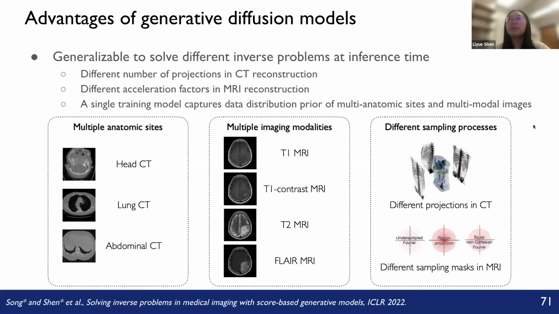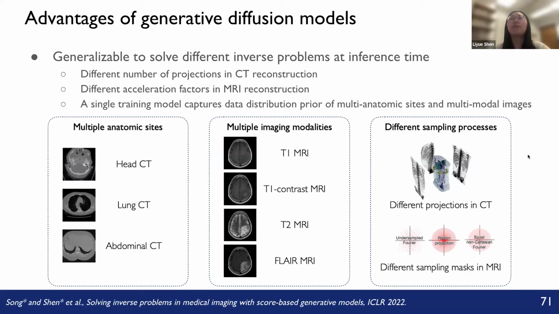And this will make a huge impact in the medical imaging community because it makes the approach more flexible and generalizable for very complicated, different medical modalities. For example, different contrasts of MRI, different organs in CT, and also different sampling patterns. Here we only need to train a single diffusion model to capture the prior, which can be applied to all these different inverse problems with different settings.